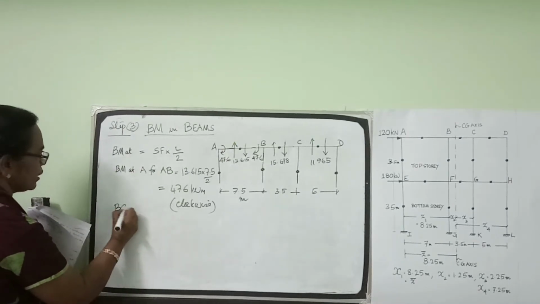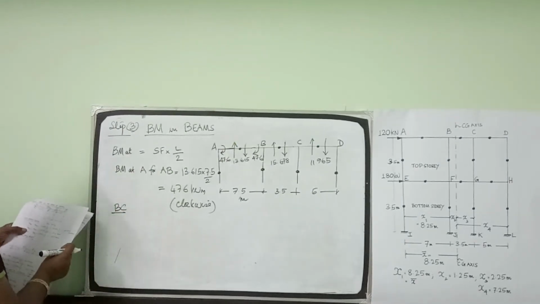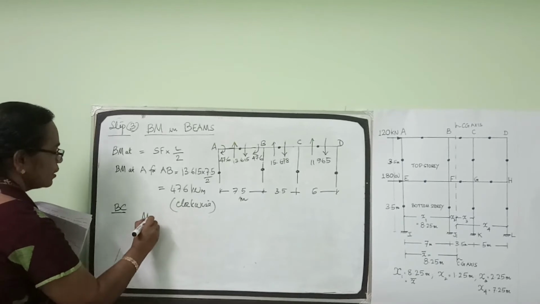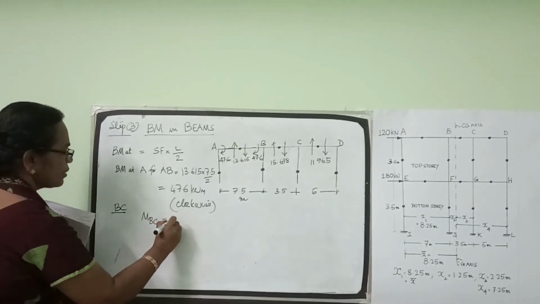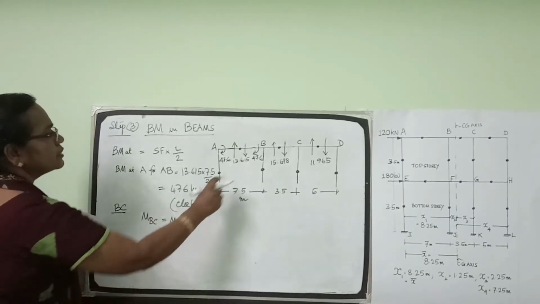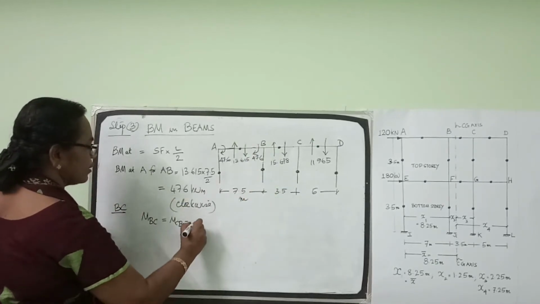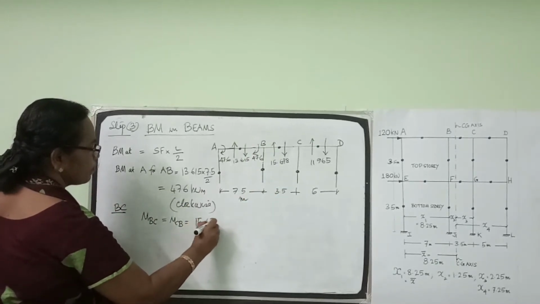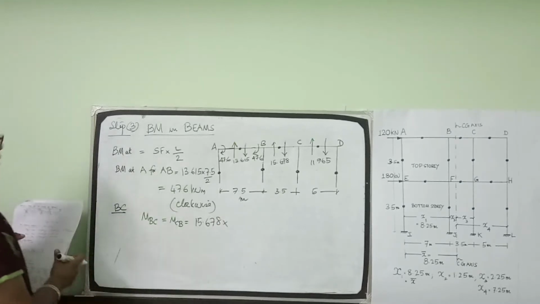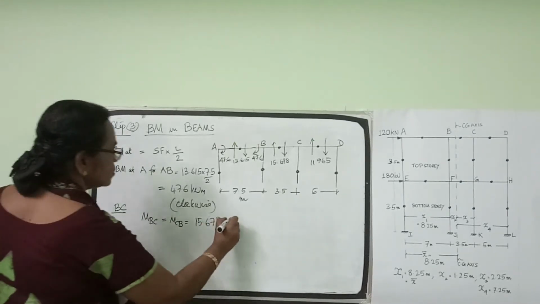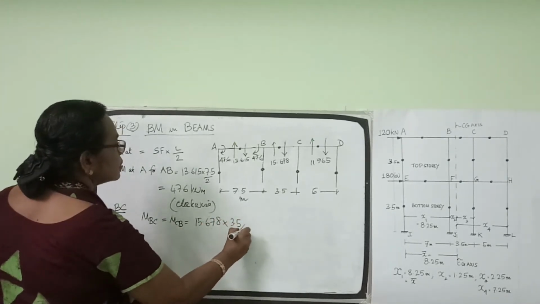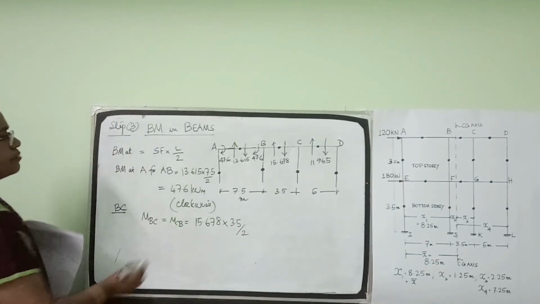Now coming to joint B, I have to find out the bending moment in beam BC. MBC will be the same as MCB, that is equal to the shear force 15.678 into 3.5 by 2.